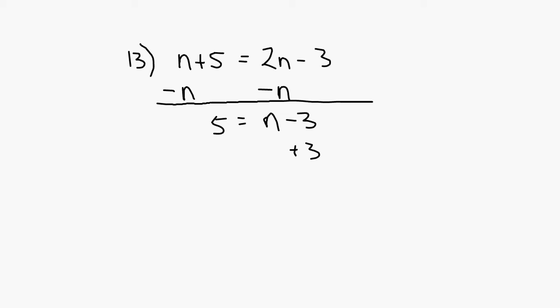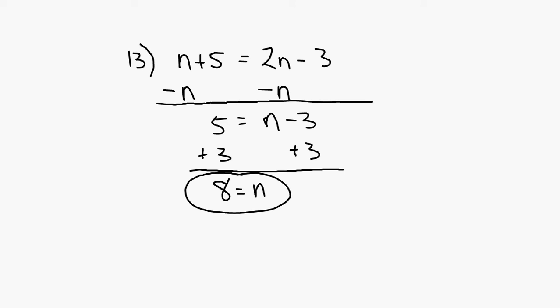Add 3 to each side. 8 equals n. They're asking for F to G again, and this was F to G. So substitute it into that expression, so 2 times 8 minus 3 is 16 minus 3, which is 13.